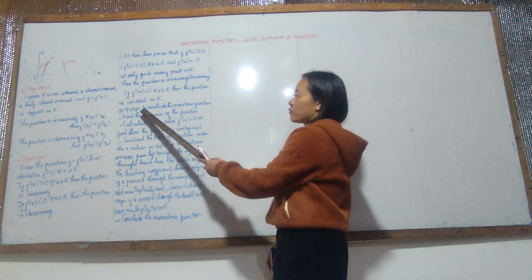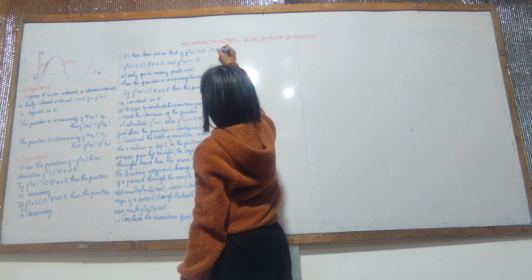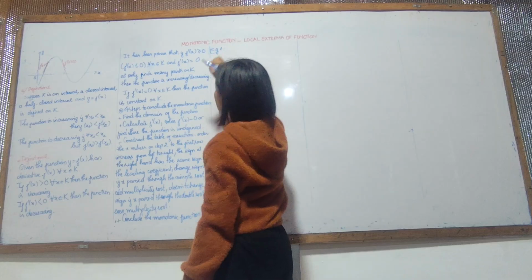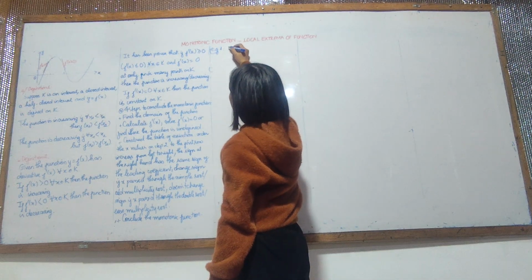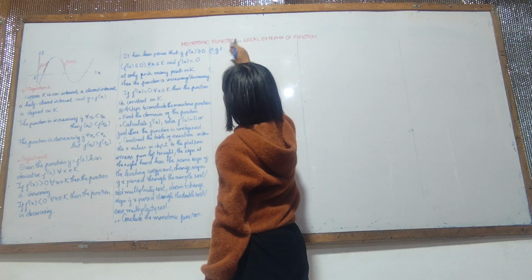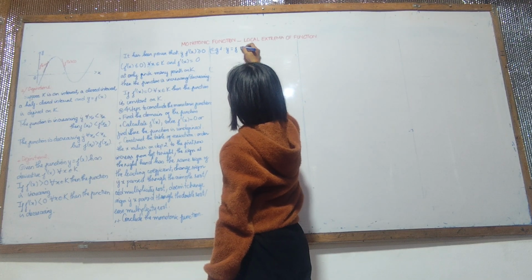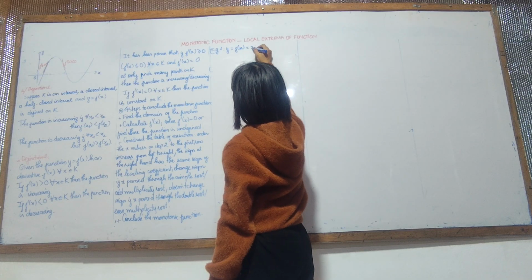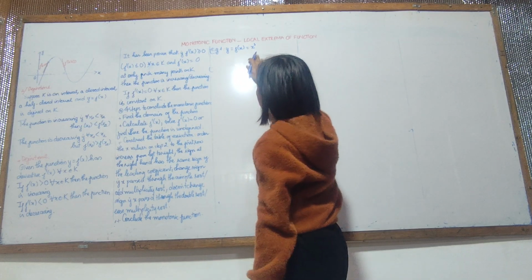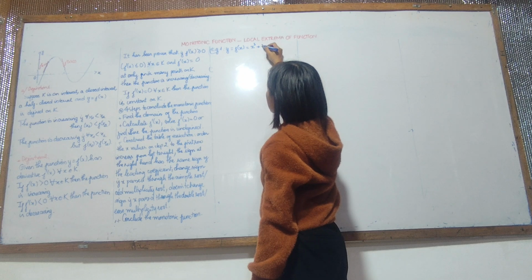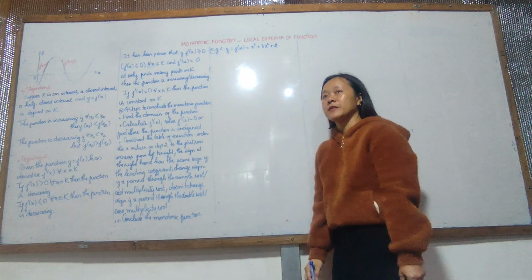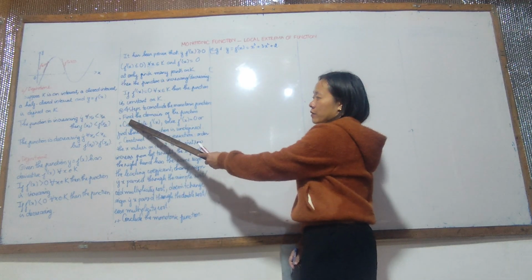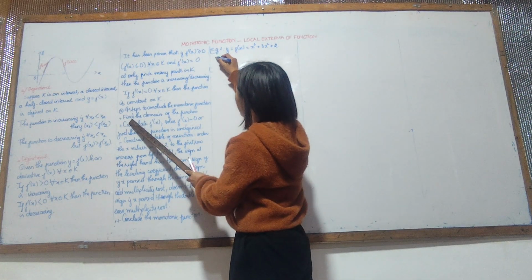Following the 4 steps, we have 2 examples to find the intervals where the function is increasing or decreasing. We have example 1. The function y equals f(x) equals x cubed plus 3x squared plus 2. Yes. Follow 4 steps. We will start the first step.